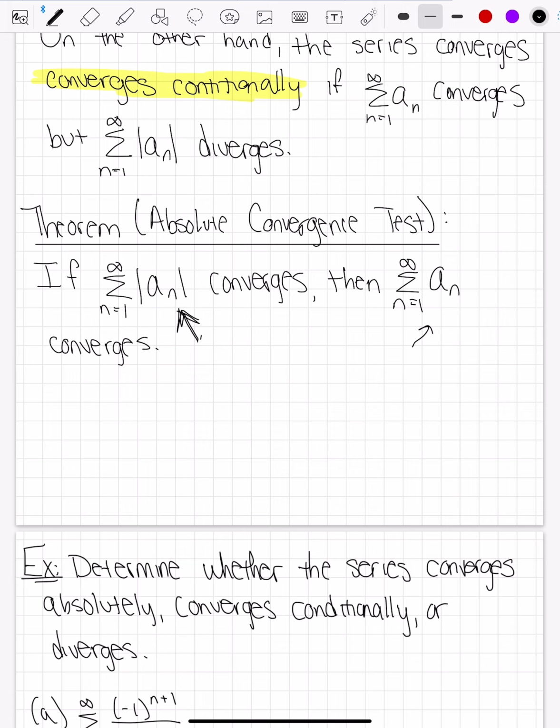So if we want to check absolute convergence, we might as well start with this because we'll automatically get the other. If we don't get this, then we could just check the other, but if we do get that this converges, then we don't even have to bother with it. Okay.